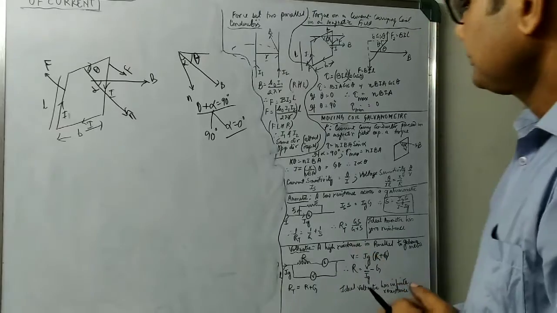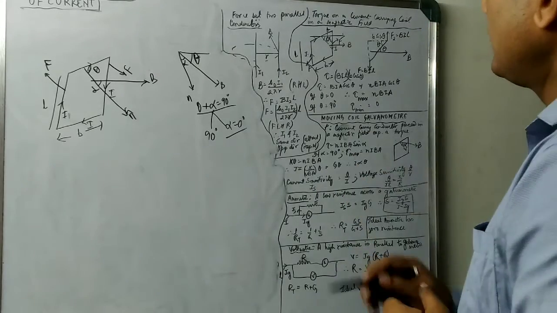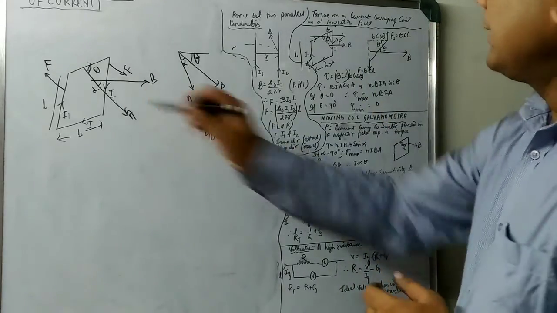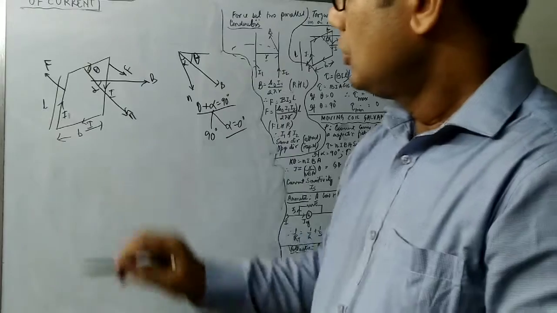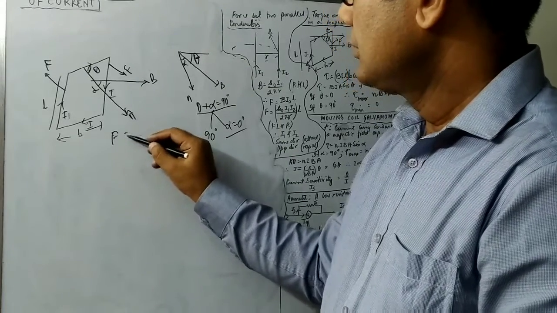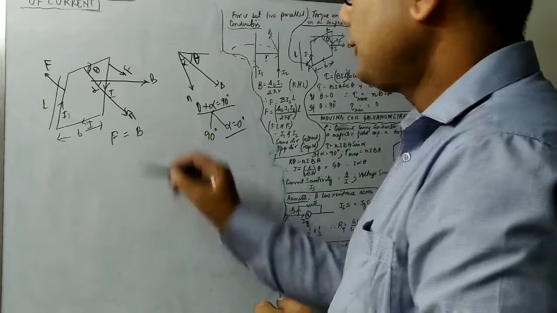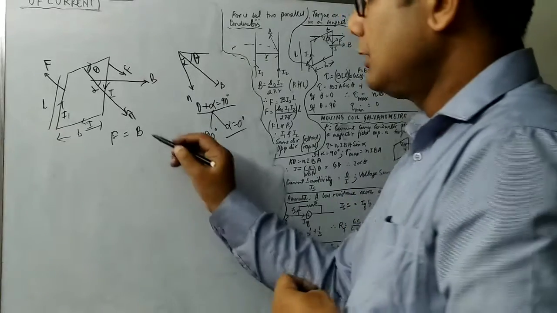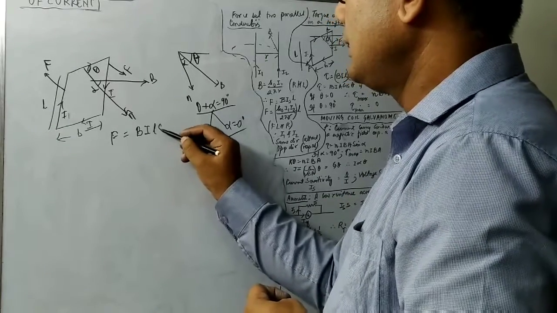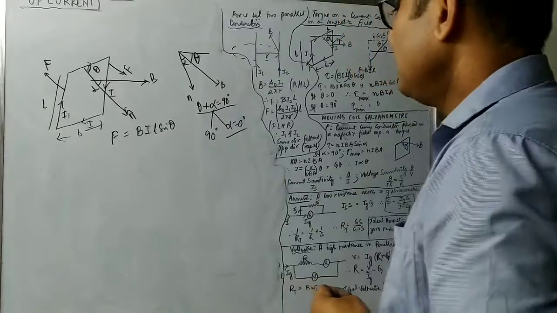So what is happening here? When I keep this coil in a magnetic field, the force which acts, we know that force acting on a current carrying conductor is BIL sine theta.